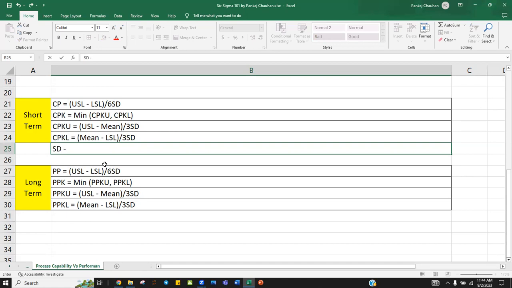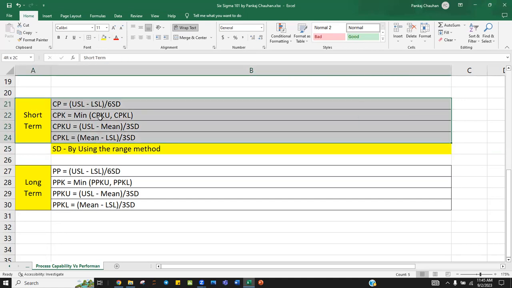The standard deviation for the short term is calculated by using the range method. If you calculate the standard deviation by the range method, and use that standard deviation in the calculation of capability, it will give you CP-CPK.